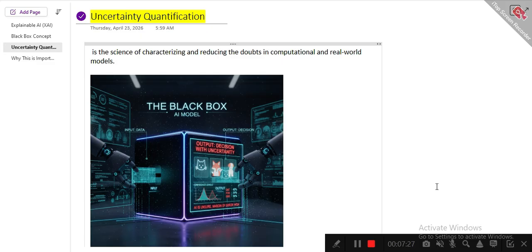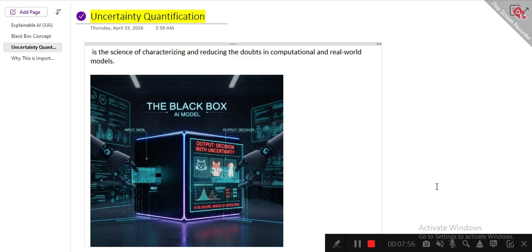Now let's combine explainability and uncertainty. Good AI should explain its decision and tell how confident it is. In a combined example, AI says there is a tumor in this area, highlights it, and says I am 95% confident.